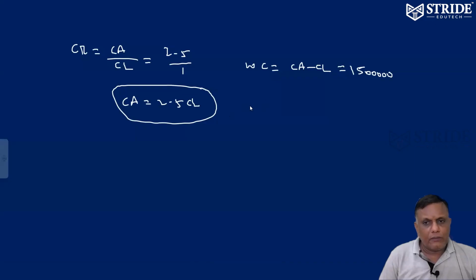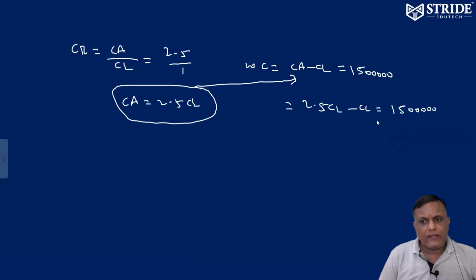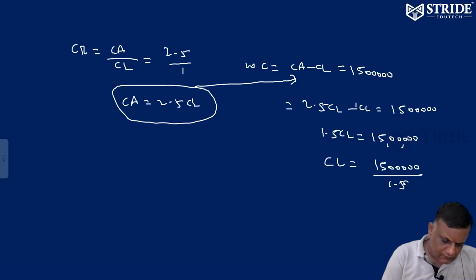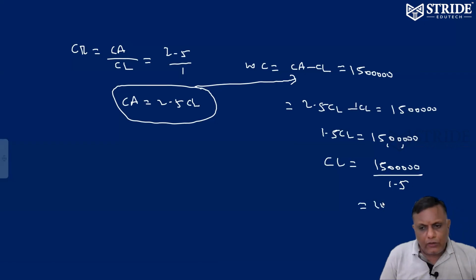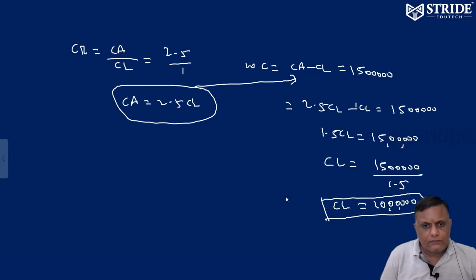Substituting, 2.5 CL minus 1 CL, that is 1.5 CL, equivalent to 15 lakhs. So CL is equal to 15 lakhs by 1.5, that is 10 lakhs. Current liability is 10 lakhs.